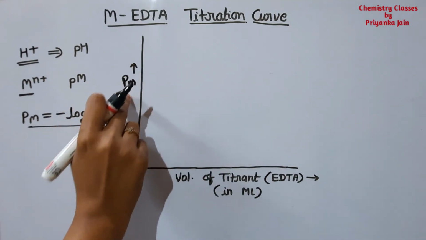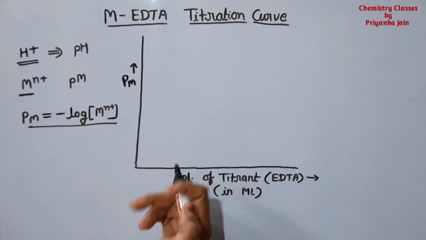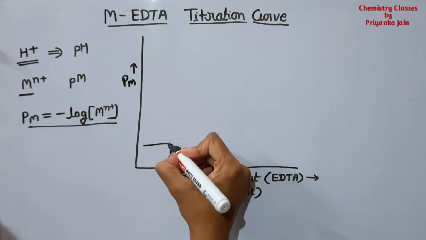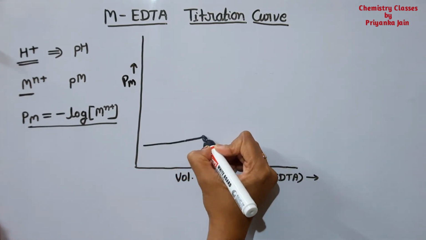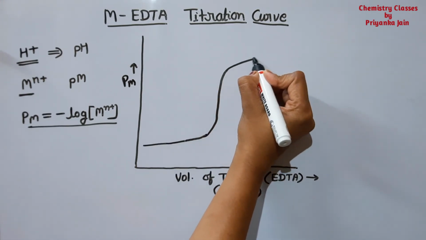So here is the pM and this is the volume of the titrant. This is the metal ion concentration, and when we add the EDTA solution to it, we get a curve in this manner.